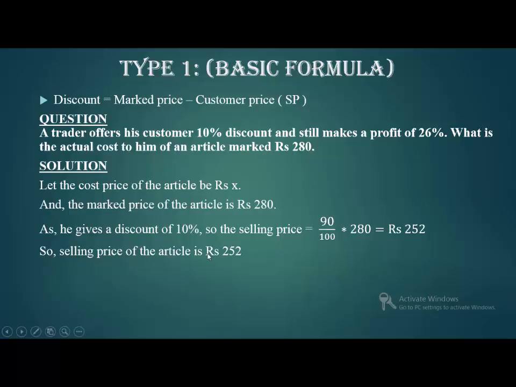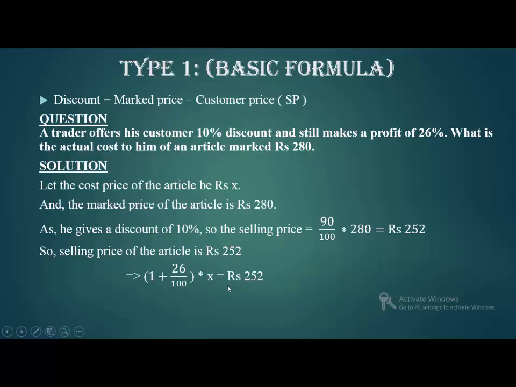As we know, the profit made is 26%. So suppose the cost price was X, then 26% of X will be the total profit made in terms of money. So X plus 26% of X will be equal to the selling price of the article, which we have found as rupees 252 as shown here.